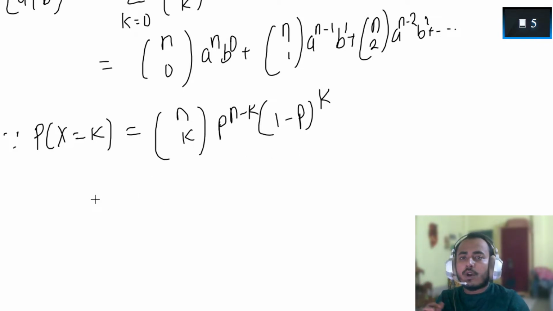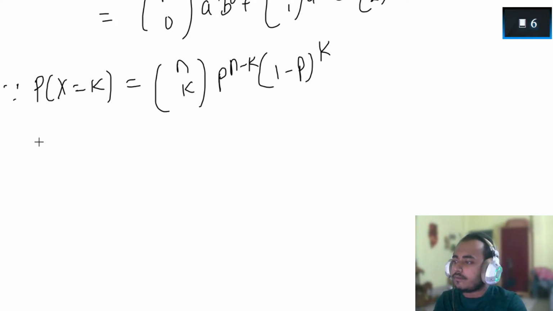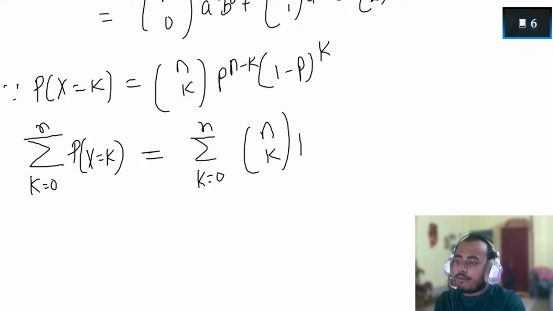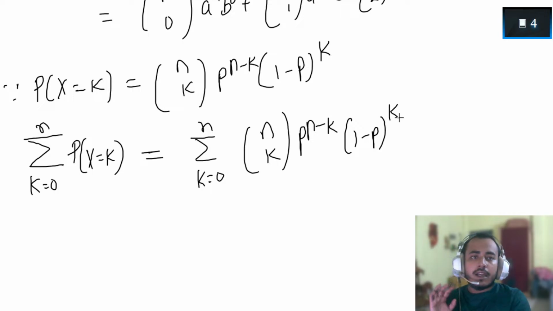Now if we were to sum it over all possible values of k, like k goes from 0 to n, so if we sum it for all possible values like this, the summation of k equals 0 to n, probability of x equals k, then this would mean we are basically summing this expression, k equals 0 to n, n choose k into p to the power n minus k into (1 minus p) to the power k. Now, this is exactly the same.